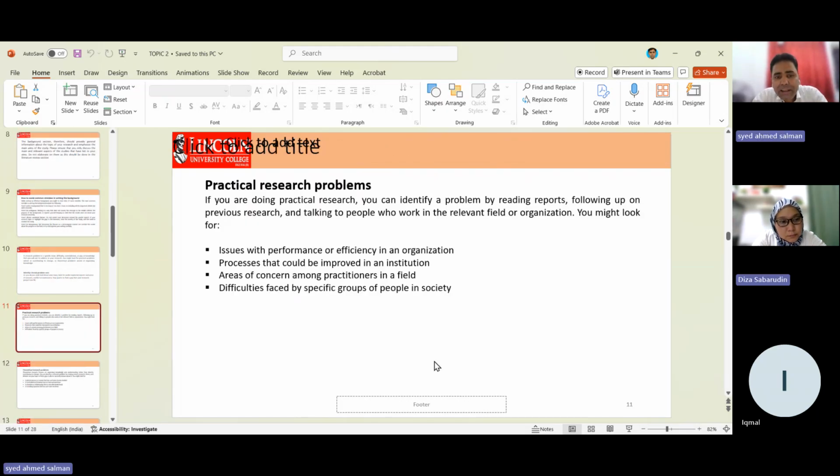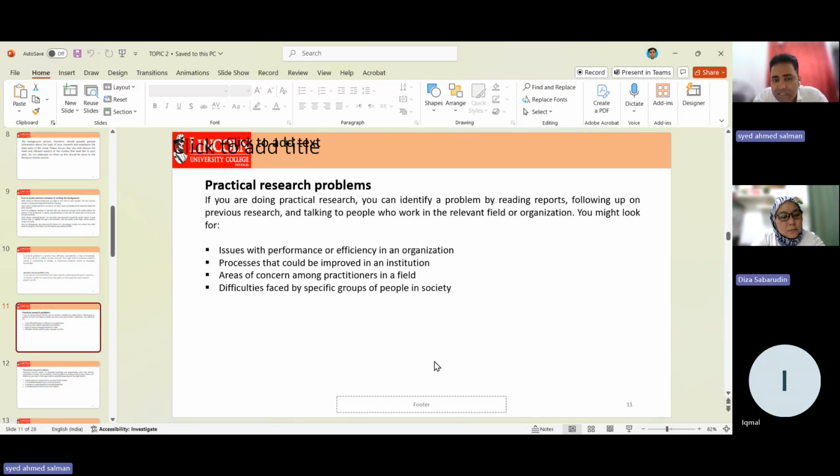Now here you see practical research problems. First we understand what the practical research problem is, then we will understand the theoretical problem statement, okay? If you are doing research, you can identify a problem by reading reports, following up on previous research, and talking to people who work in the relevant field or organization. You might look for, now please look at the examples, Diza and Ekmal, okay?